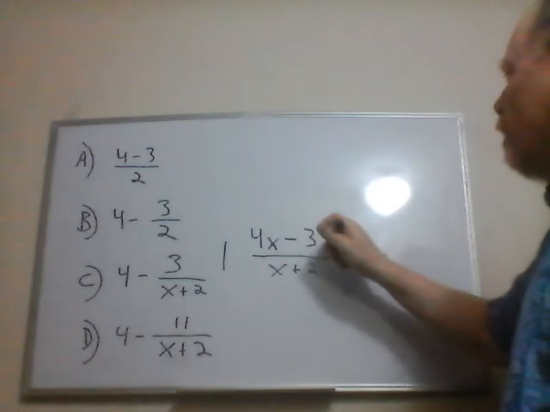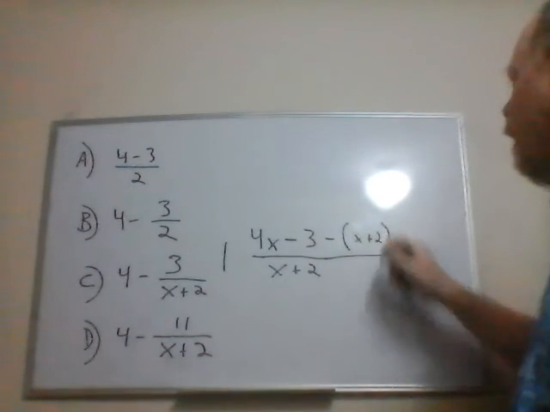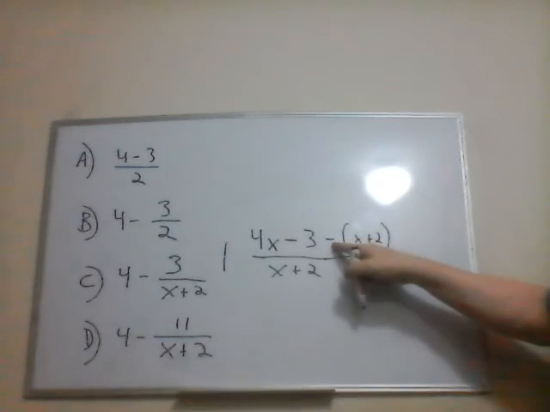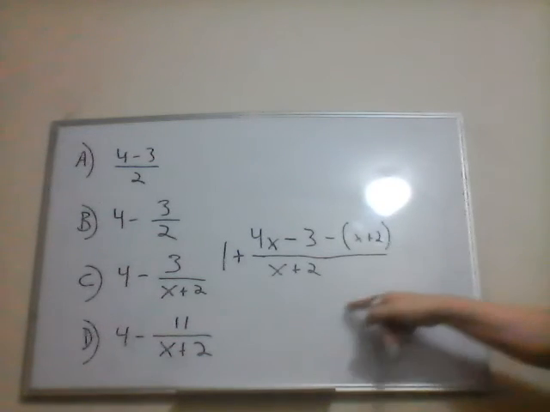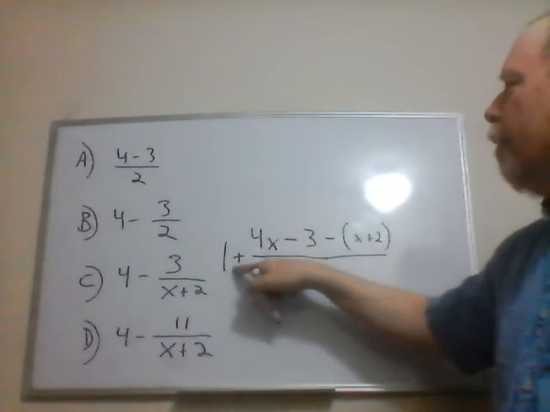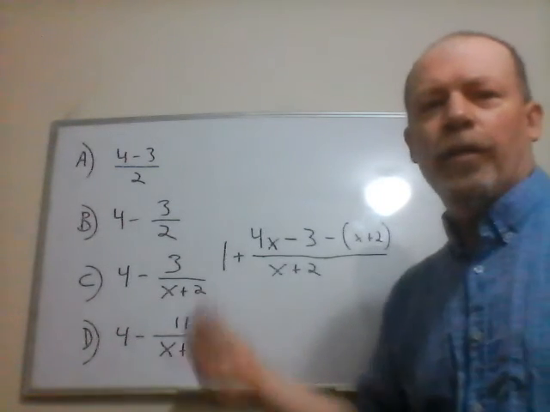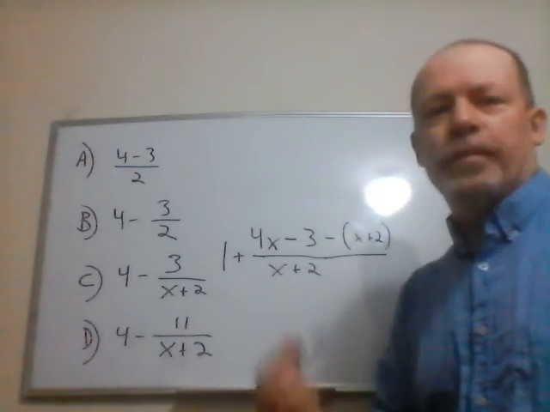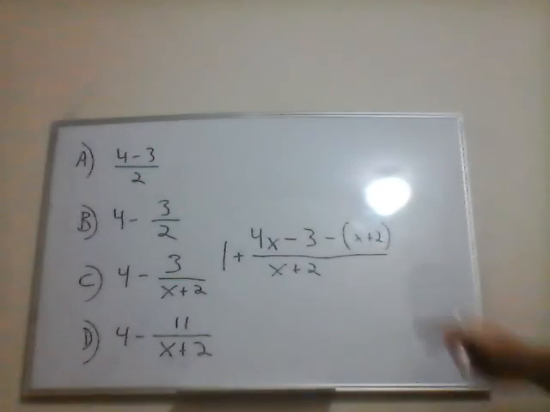So I'm going to put this minus x plus 2. This minus x plus 2 over x plus 2 is a minus 1. It is equivalent to this 1 which I added over here. So I now have an expression with a 1 pulled off of the fraction. I think of it as being pulled off the numerator, but the idea is you pulled 1 out of the fraction and you put a negative 1 into the fraction this way.